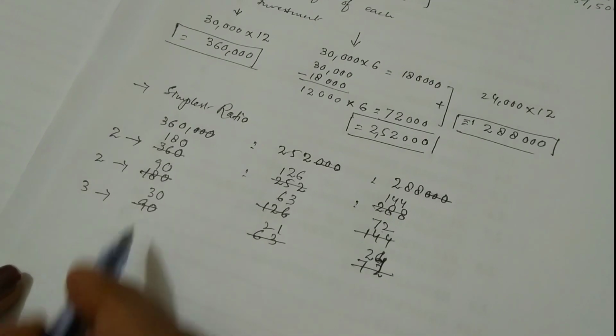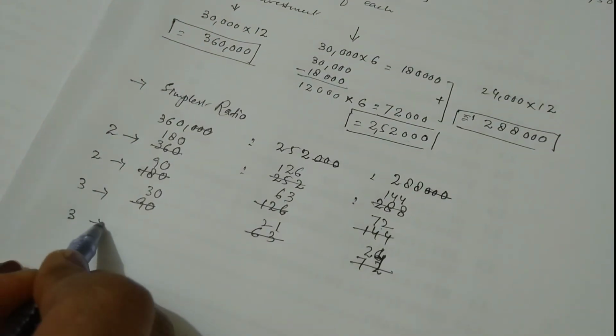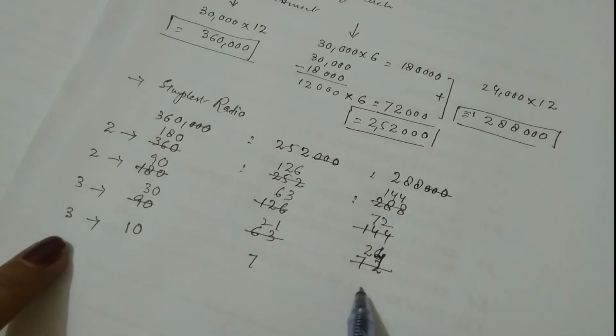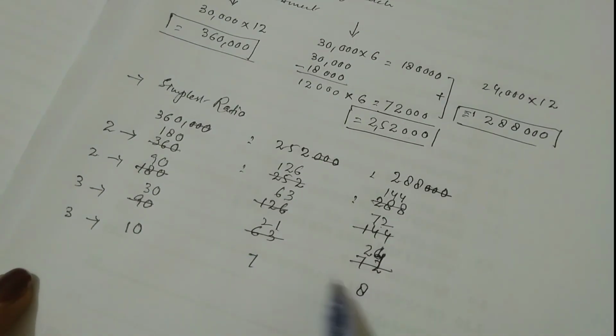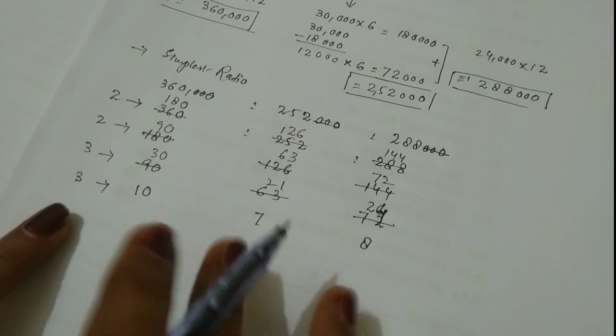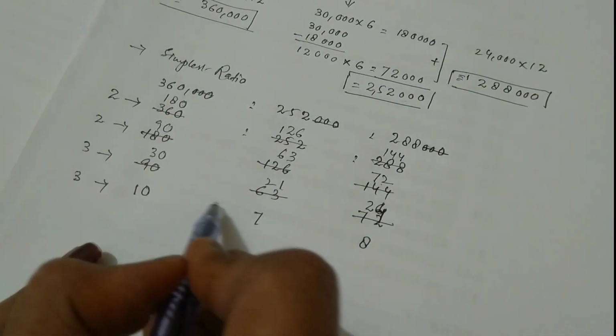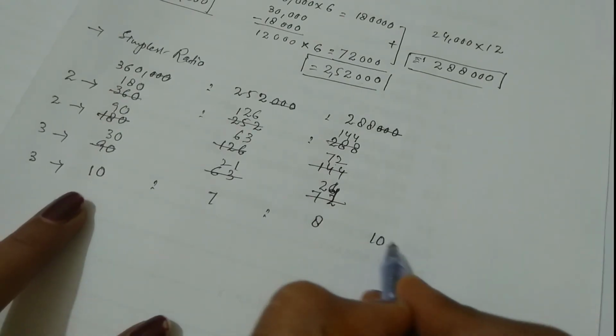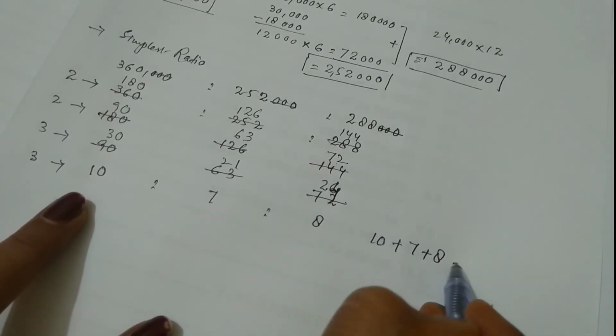Now again we can do it with 3, so it will become 3 10s are 30, 3 7s are 21 and 3 8s are 24. Since these now we cannot cut further, this is our simplest ratio. So it will become 10 plus 7 plus 8 is equal to 25.